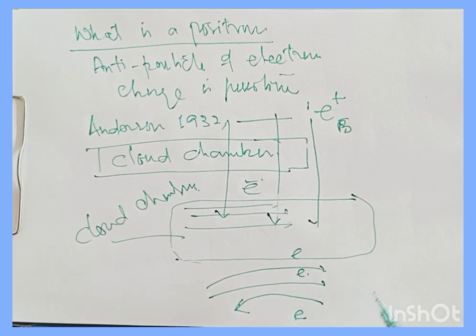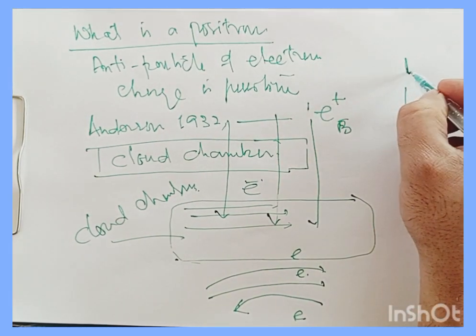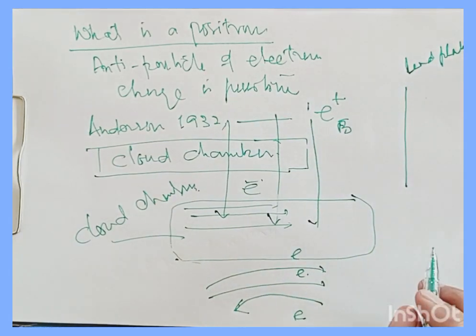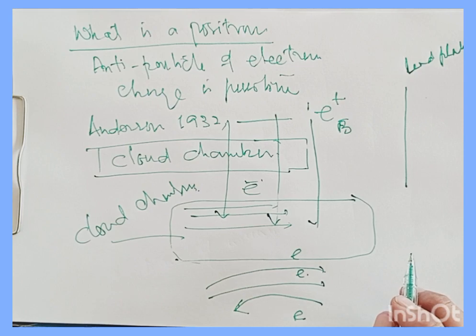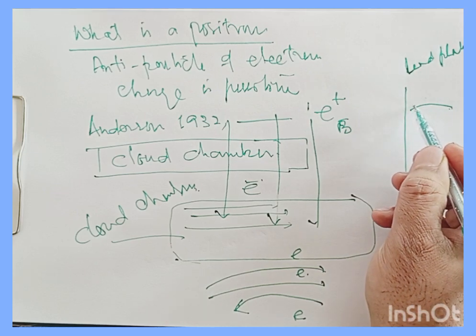So the particles that had the opposite curvature were subjected to a lead plate in their path, and the direction of motion of the particle was observed.